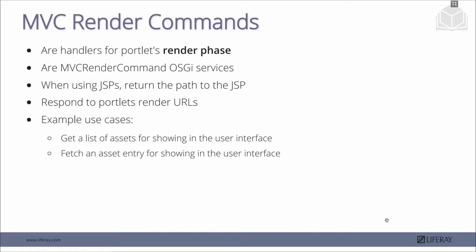We use our MVC render commands to render JSPs. Our MVC render command is going to listen for and respond to portlet render URLs over on the JSP side. Typically we use these MVC render commands to display or show the user interface.